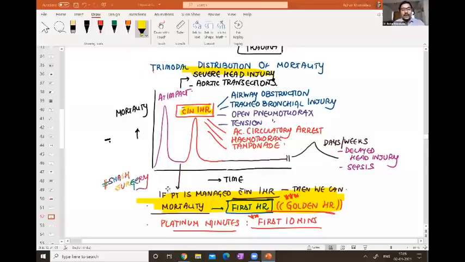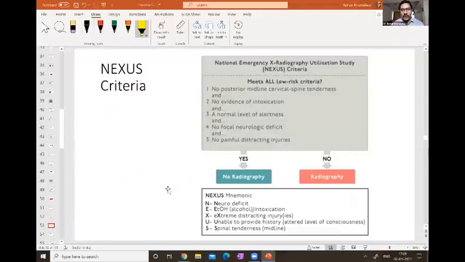You should know that the cervical spine is very important. Cervical spine management is very important in a trauma patient, and we follow the NEXUS criteria.